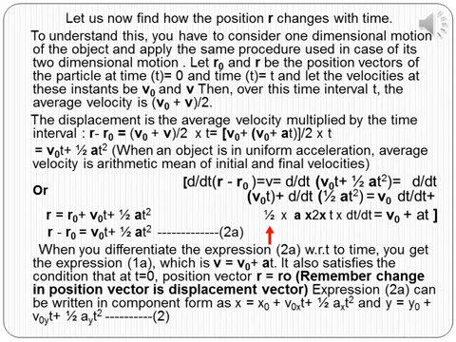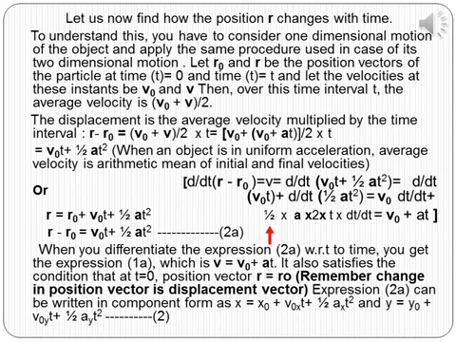Then the displacement of the object is equal to average velocity multiplied by the time interval, which is r minus r0 is equal to v0 plus v whole divided by 2 into t, which is equal to v0 plus at whole divided by 2 into t, since v is equal to v0 plus at. This is equal to v0t plus half at square.